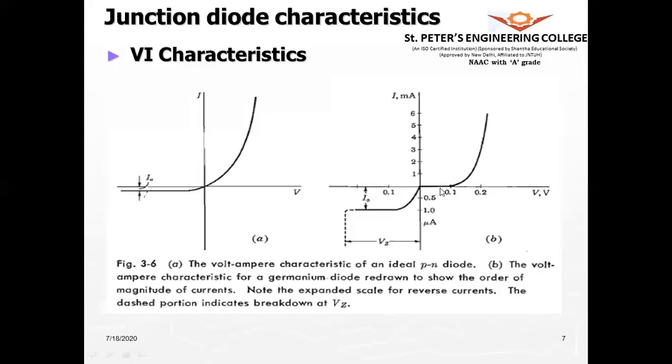That means it should not switch on immediately for all the wrong voltages. So having the higher voltage, that is 0.7 volts, will be of greater advantage.